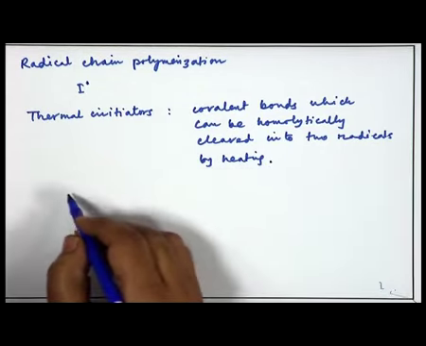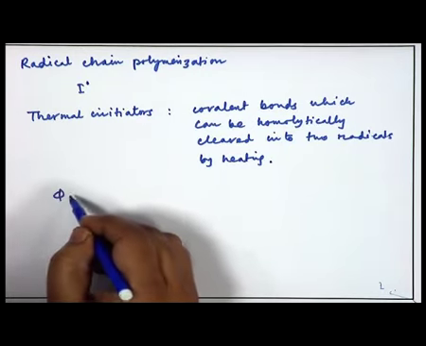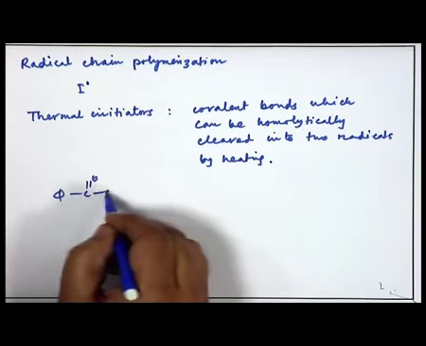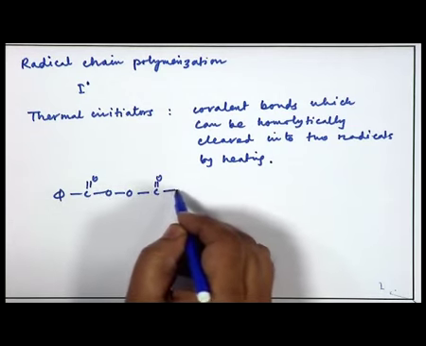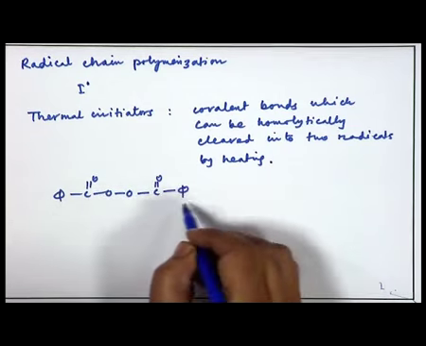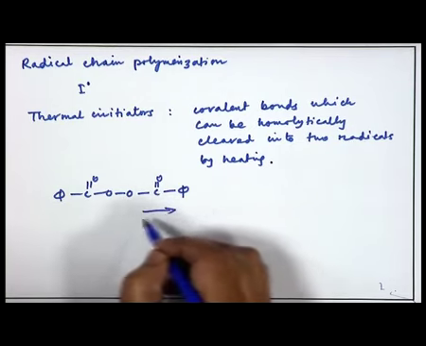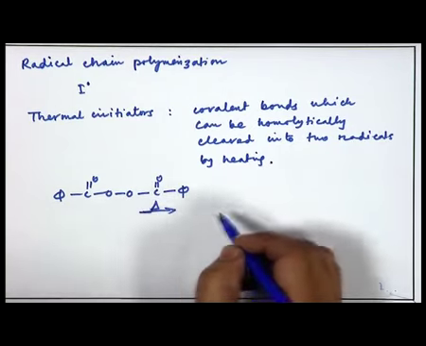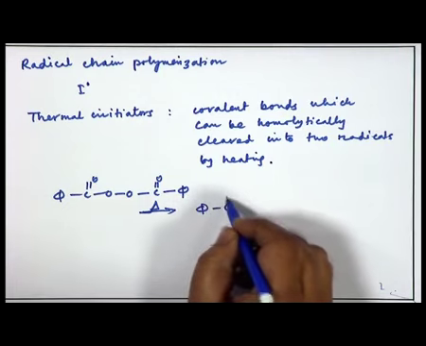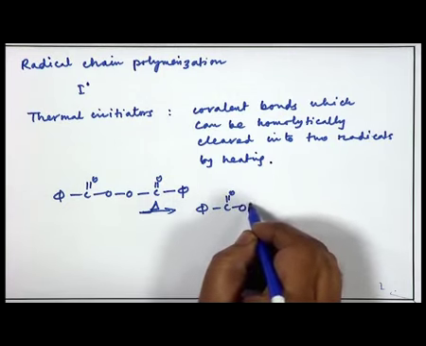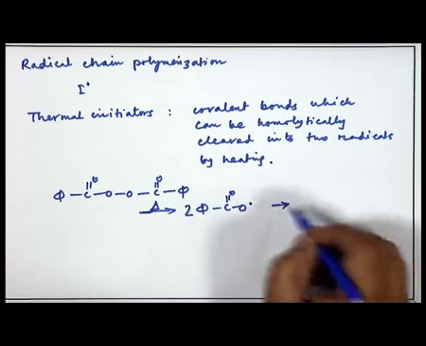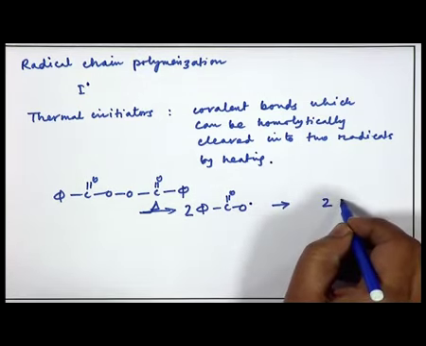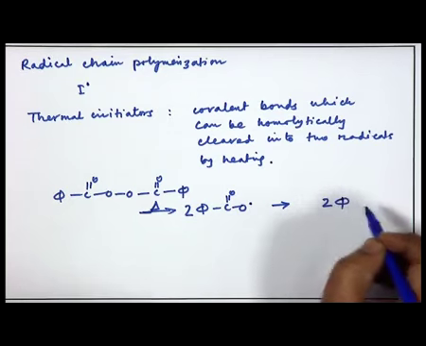For example, we can talk about benzoyl peroxide. Peroxides are compounds known to undergo homolytic cleavage. If we heat it, we can get two such radicals which can give 2 phi dot.